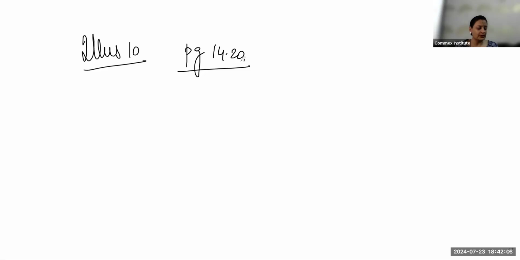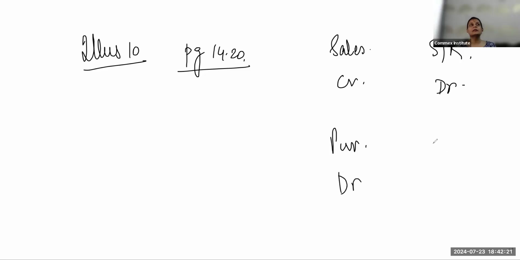That is how you have to show it. These three accounts, because I told you that sales is a revenue account and it has a credit balance, and sales return will always have a debit balance. Similarly, your purchases would always be a debit balance and your purchase return would always have a credit balance. So this is how you can give the reason.